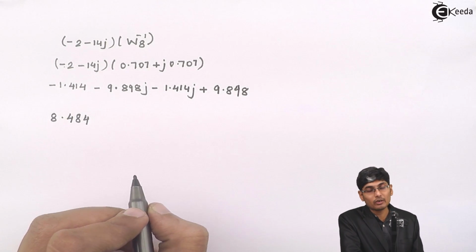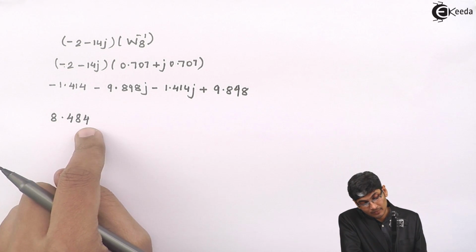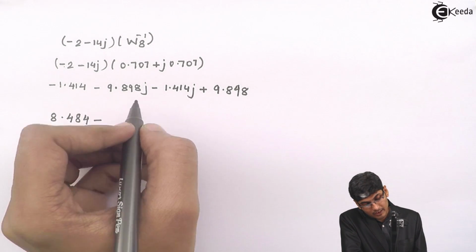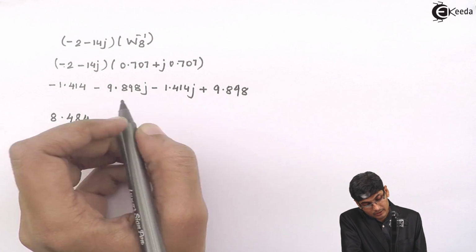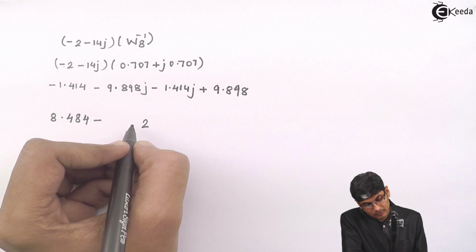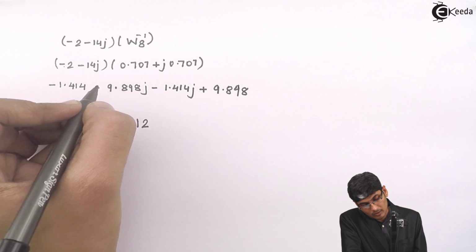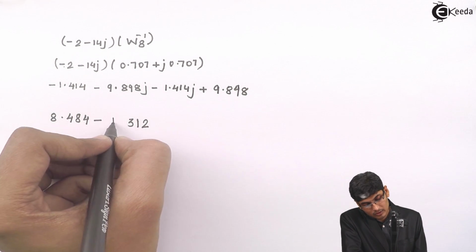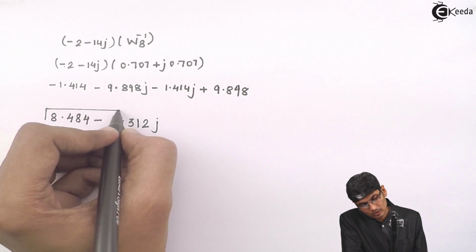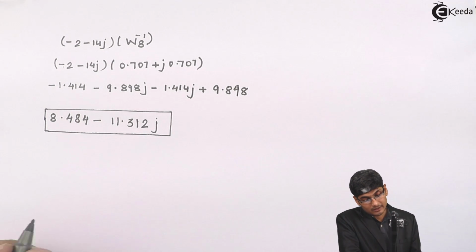So 8.484, this is minus, this is plus, so the sign for this number will be plus, then minus of minus is minus, and then I'm going to get 8 plus 4 is 12, so I'm going to get 2, then 1 carry and it will give me 11, so 1 carry, 12 is 13, 1 carry, 9 and 2 is 11.312j. So that is my new number after multiplying with the multiplier factor.